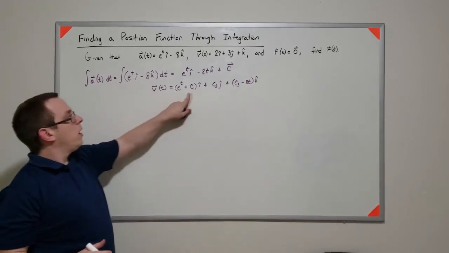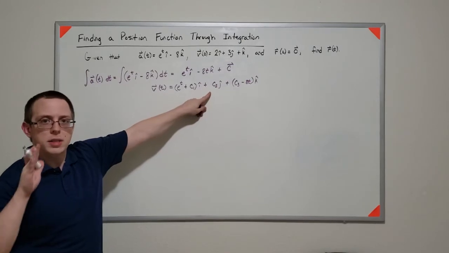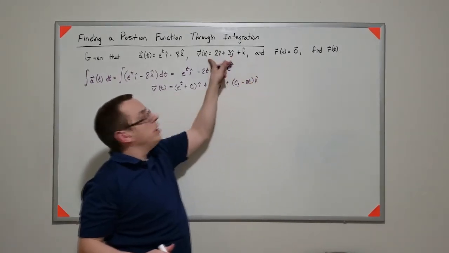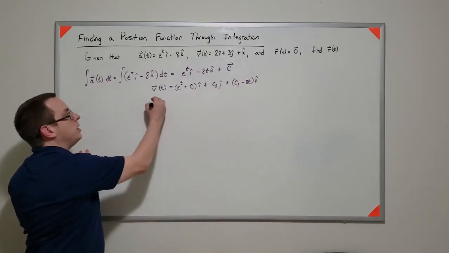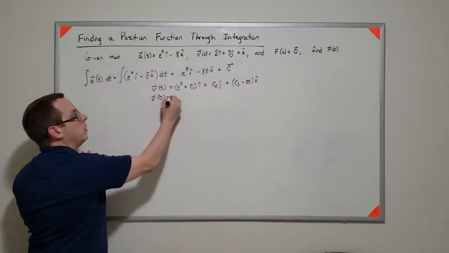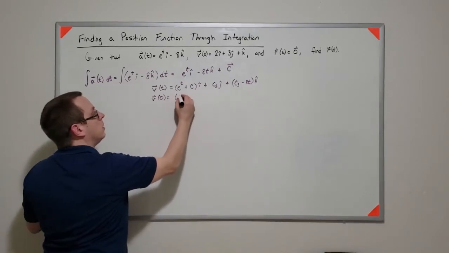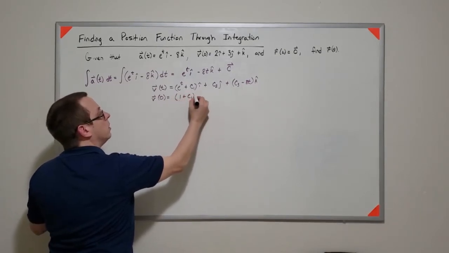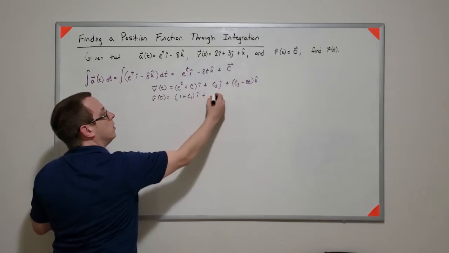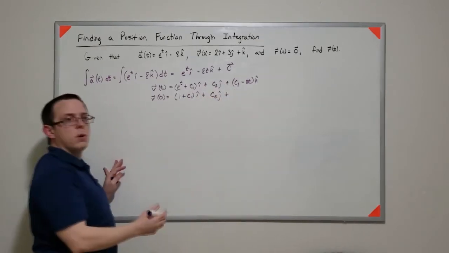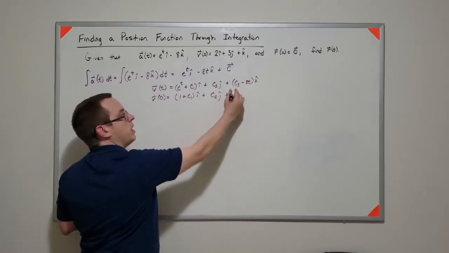But I want to figure out what these constants actually are. So I need to use that initial condition here. If I plug in 0 for t, well, e^0 is 1. That doesn't change because that's constant. And 0 times 8 is 0.